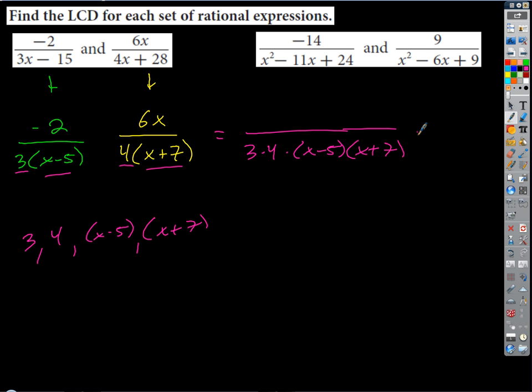4 and x plus 7. Yeah, I need a 4, right? Everybody see that? I need a 4 because that's not included, and I need an x plus 7, right? So we're going to get -2 times 4 times x plus 7 plus, what about this one? Well, I need a 3 and I need an x minus 5, right?